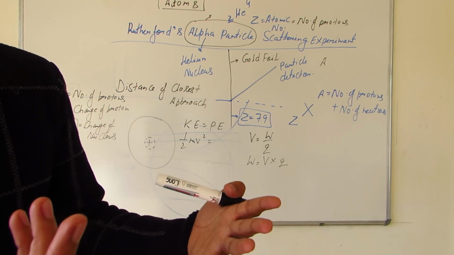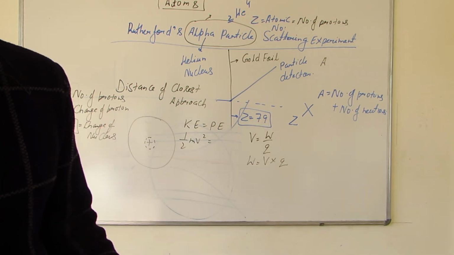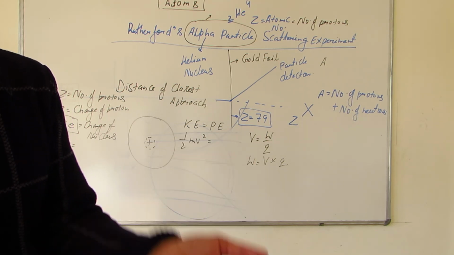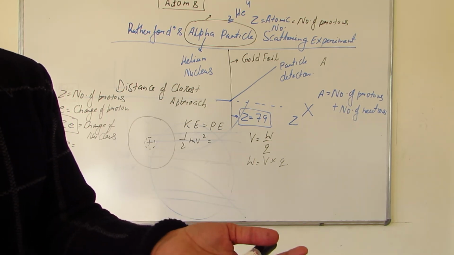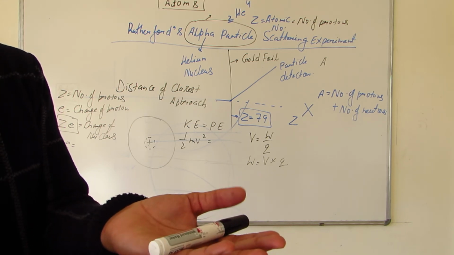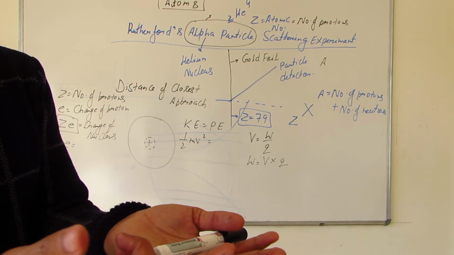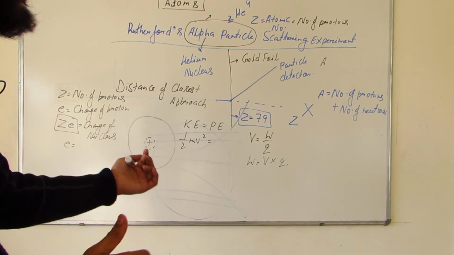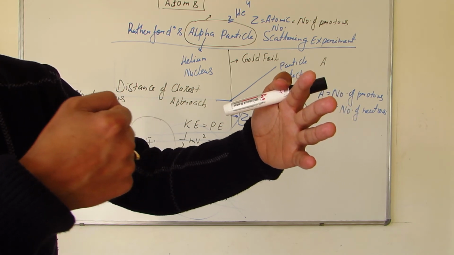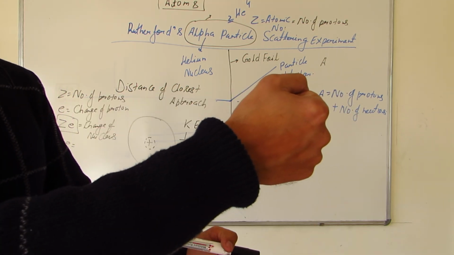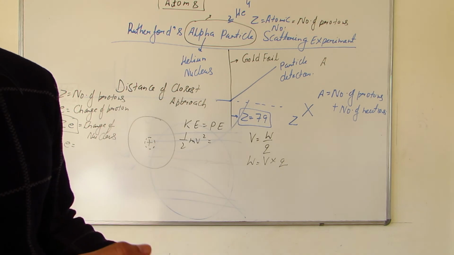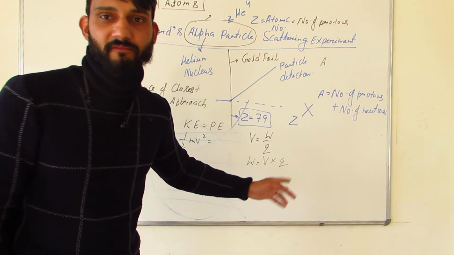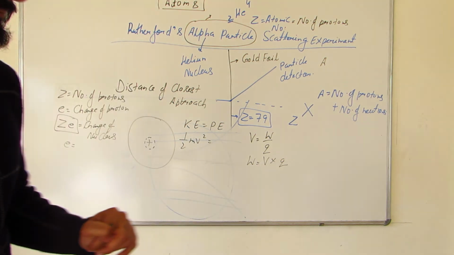Against which force would you do work? It is like gravity: if there is no gravity and you want to lift a marker from the ground, against which force will you do work? If you don't do work against any force, there will be no potential energy in the marker. Similarly here: if there is no nucleus, the alpha particle will go straight because there is no force of repulsion, and we need not do any work. So if the potential is 0, work done will be 0, and then the potential energy will be 0.